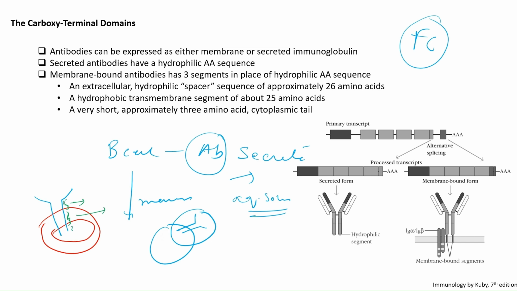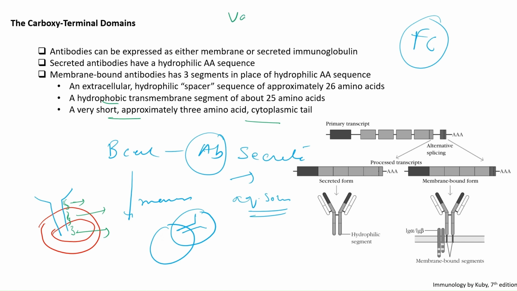And this segment is in the cytosol. So the membrane-bound antibody should have three parts. The extracellular part should be hydrophilic, the transmembrane part should be hydrophobic, and the intracellular part, the cytoplasmic tail, should also be in a soluble form, because the environment inside the cell is aqueous, and the environment outside the cell is also aqueous.